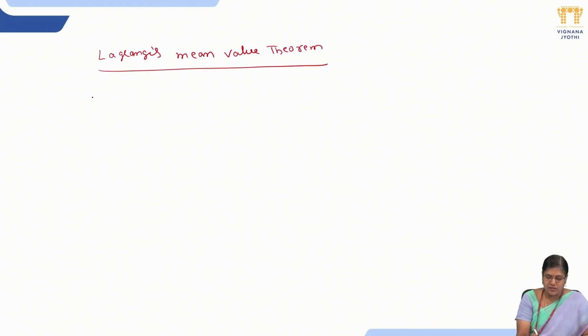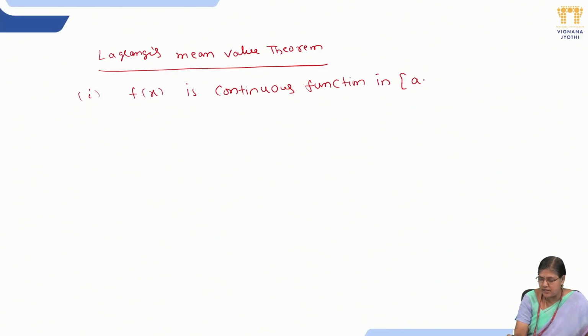f of x is continuous function in closed interval of a comma b.